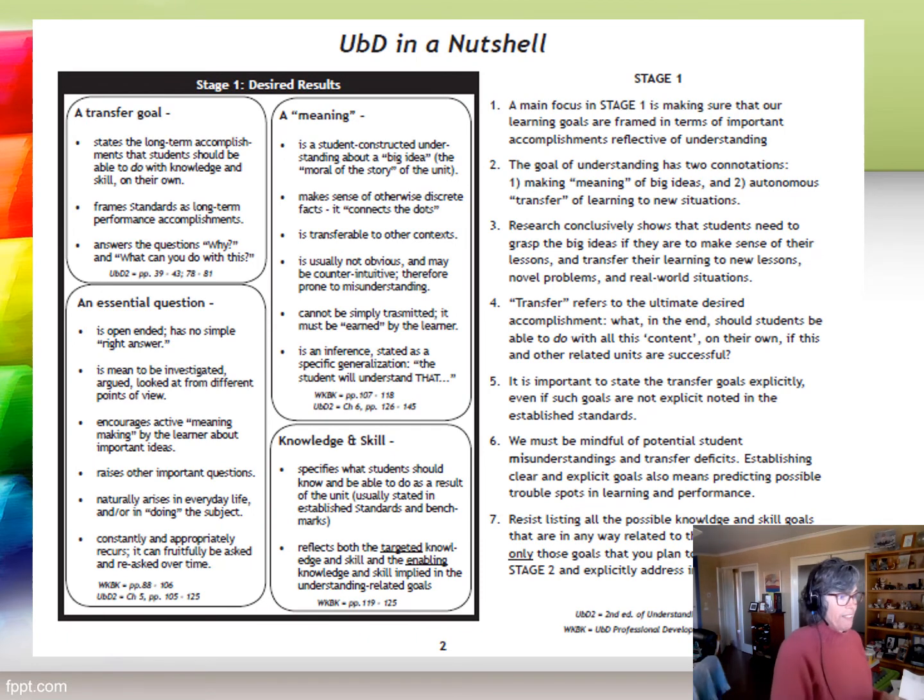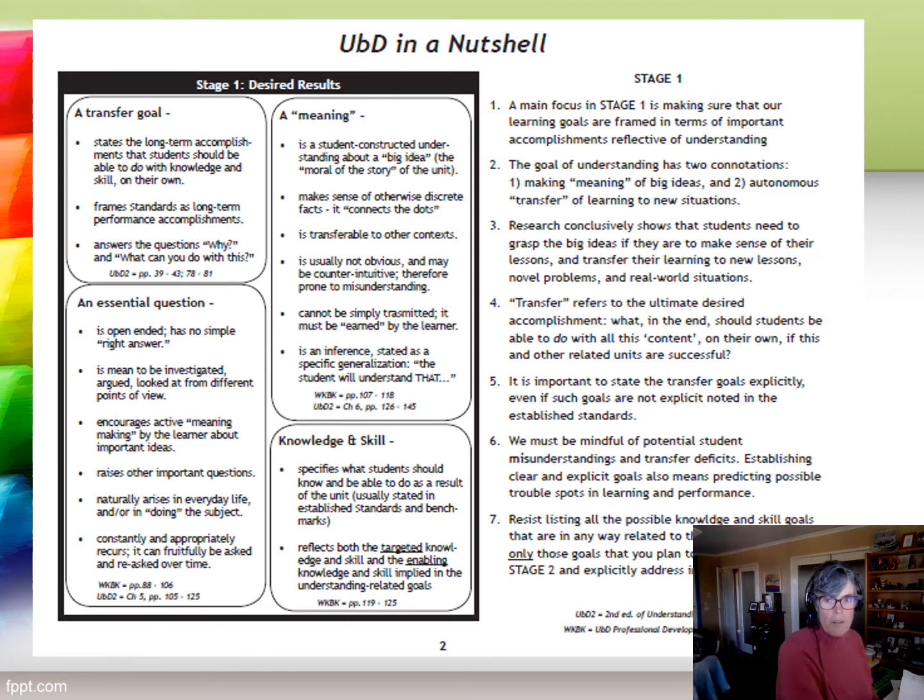Welcome back. So you've now seen the UBD in a nutshell document, and this is one of the pages from it. The reason I wanted to include this page is I specifically wanted us to look at the concept of students grasping big ideas, which is that point there in point 3.